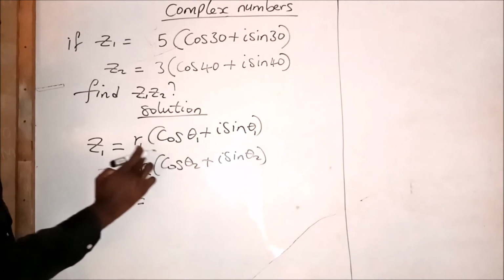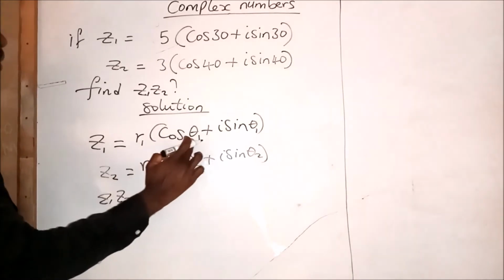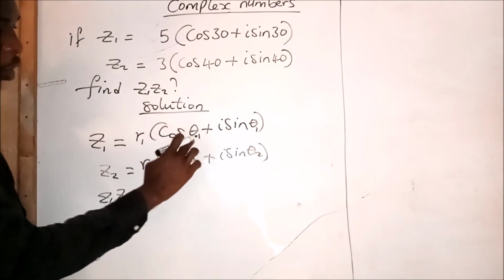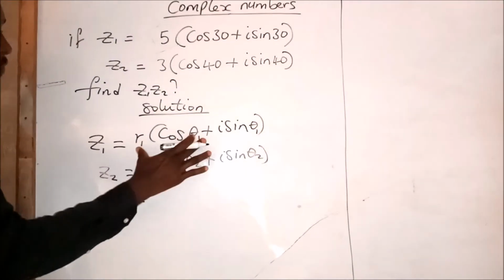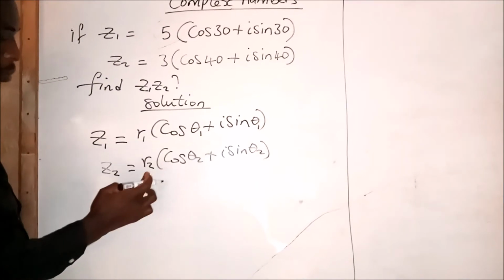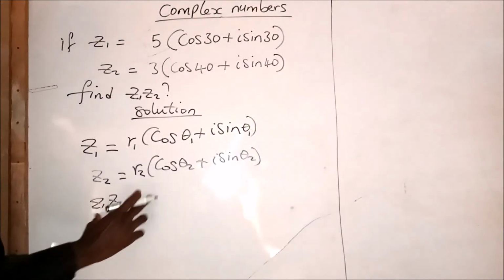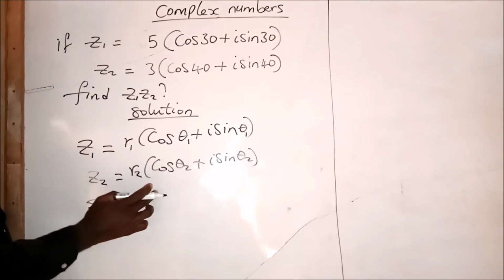This r is known as the modulus of a complex number, while this theta is known as the argument of a complex number. Since each of them has a modulus and argument, we are going to use the modulus and argument to get our product.